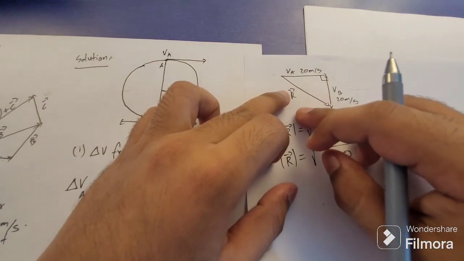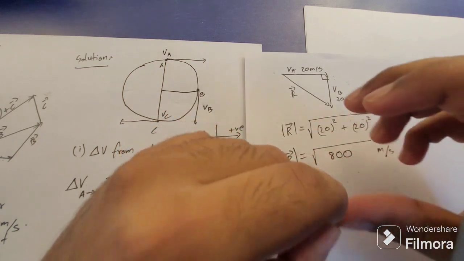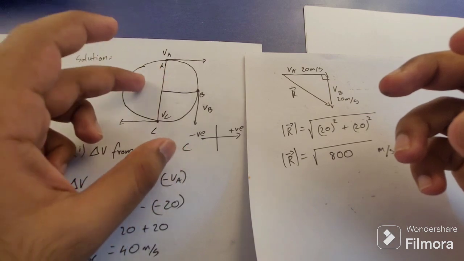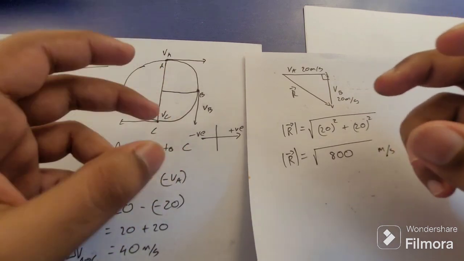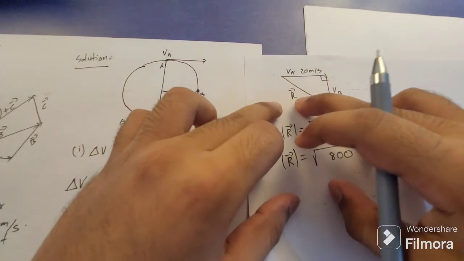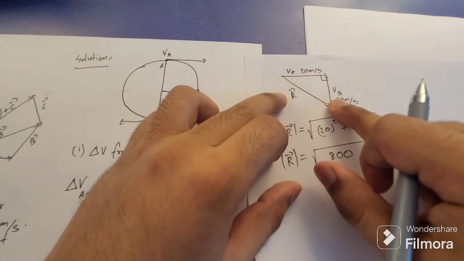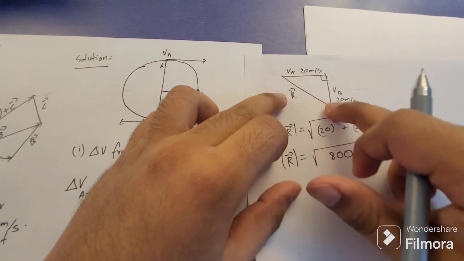Now R vector can be provided by anything. So the vehicle is moving in a circle, so it could be the cause of its centripetal motion. So it could be anything, but R vector is that quantity which brought about the change in the direction of the vehicle from the direction of VA to VB.